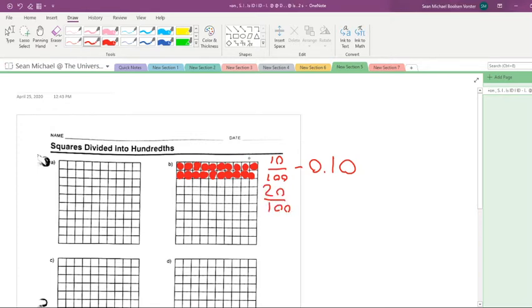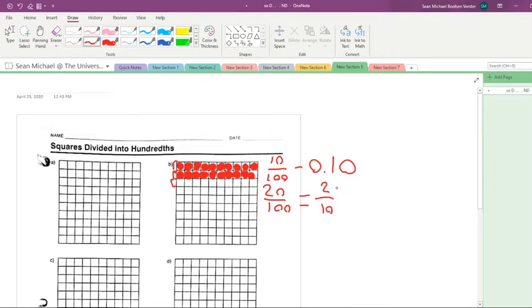But this is also equivalent. If you have one of these rows filled out, that's basically a tenth, because there are 10 rows of 10. So you could instead say that this is equal to 2 tenths.